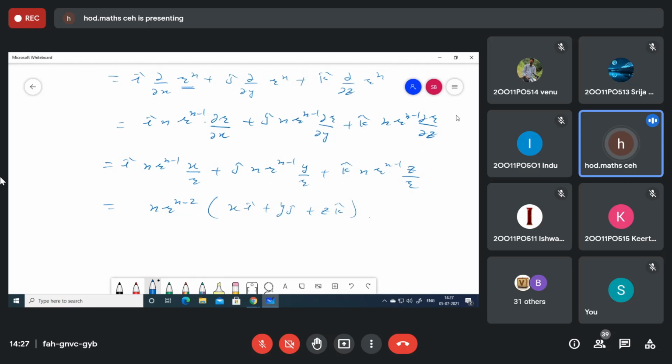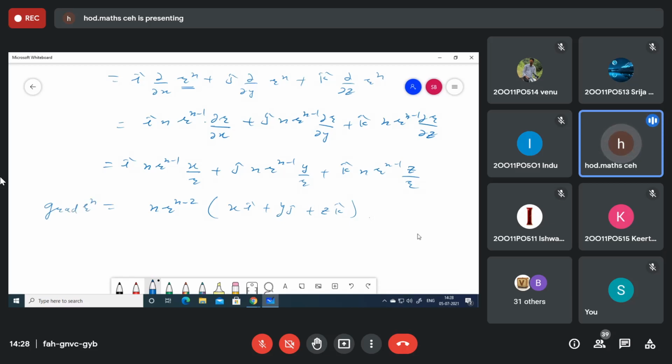Can I write? Okay, so now this result is nothing but n into r to the power n minus 2 r bar. Instead of writing r bar, let it be this as it is. So this is the gradient of r to the power n.